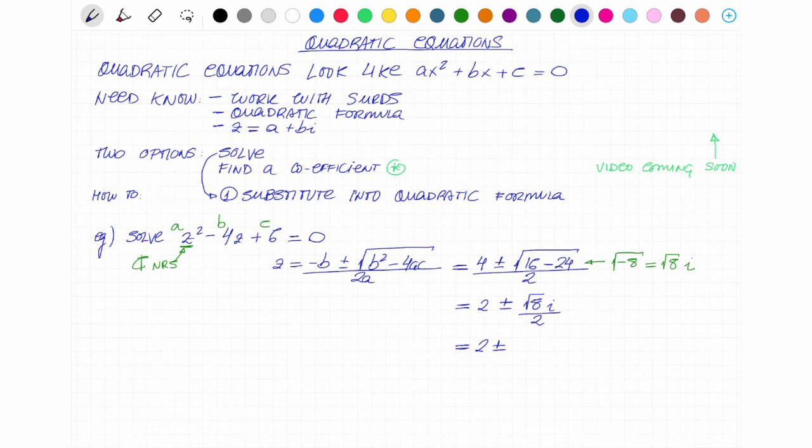I could leave it there, but we're going to be a bit elegant, and I'm going to bring this 2 inside the surd. So remember, it's going to be the same as 8/4 inside the square root, so that's going to be the square root of 2i.